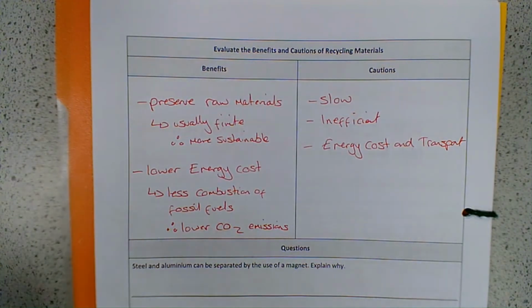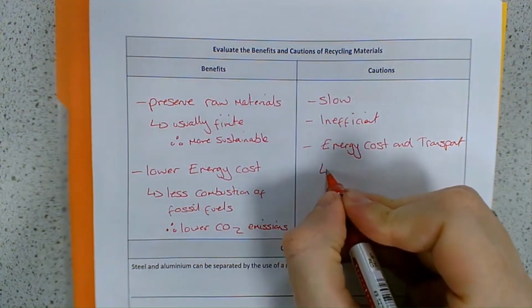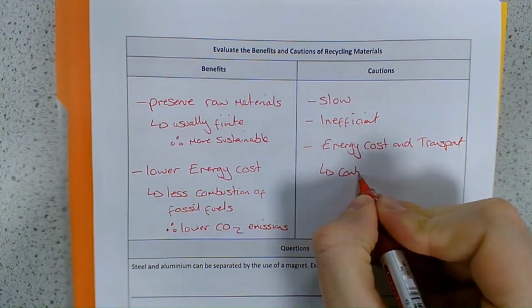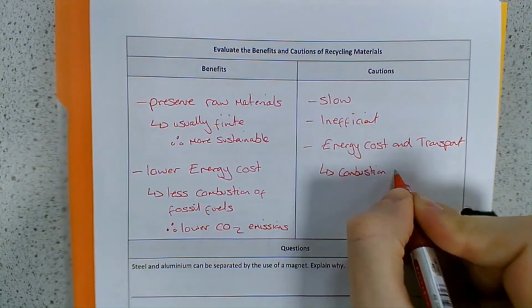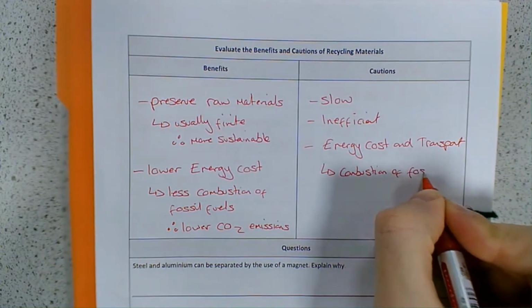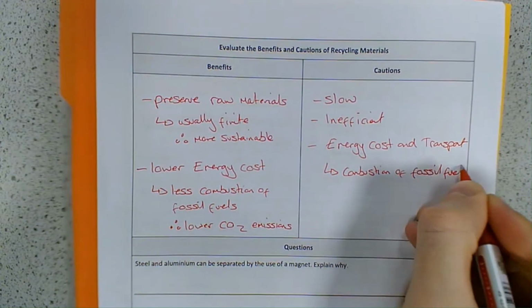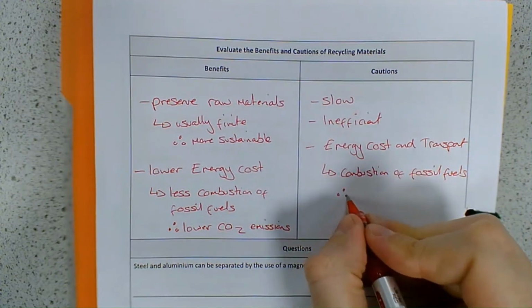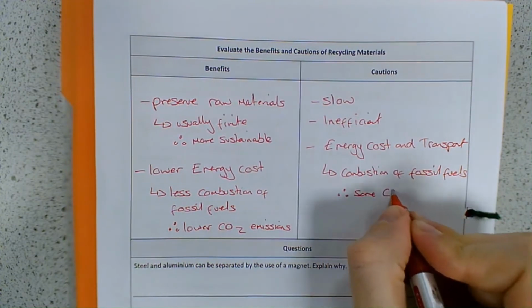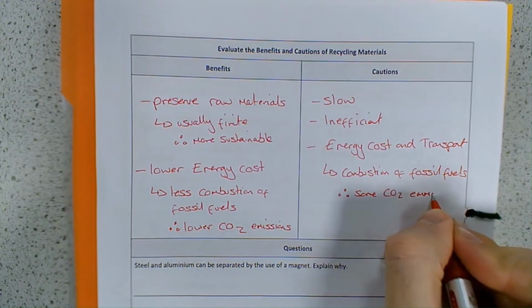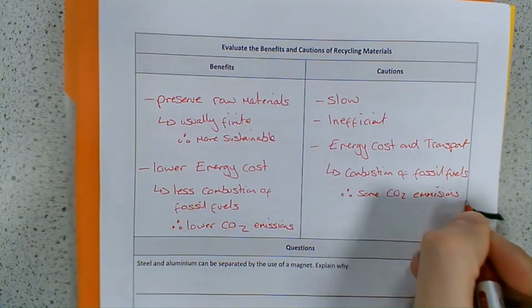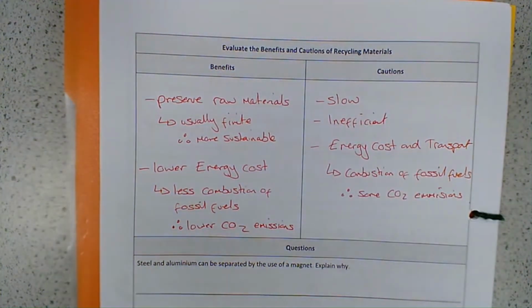And therefore, if it's got an energy cost in transport, there is going to be some combustion of fossil fuels. And therefore, there will be some CO2 emissions. But importantly, there would be less than if we just used the raw materials.